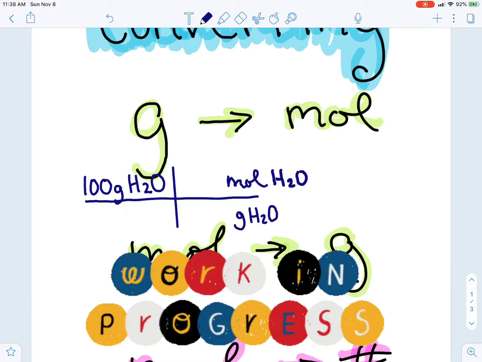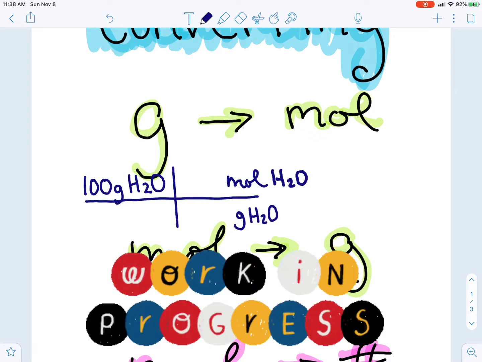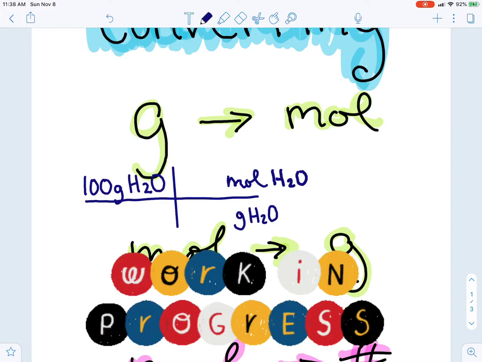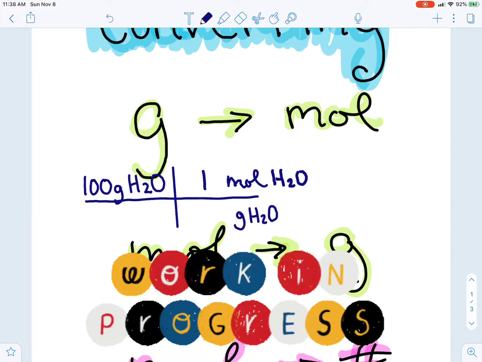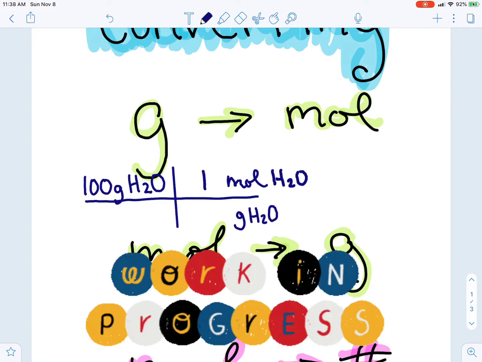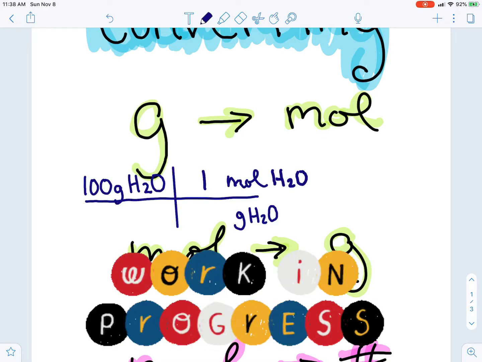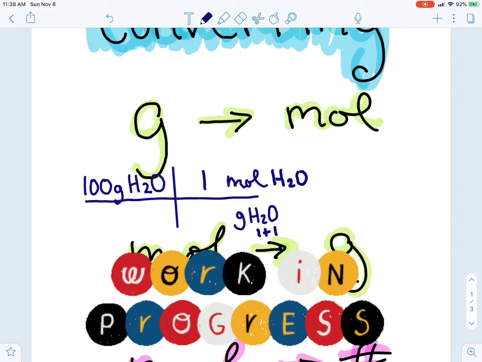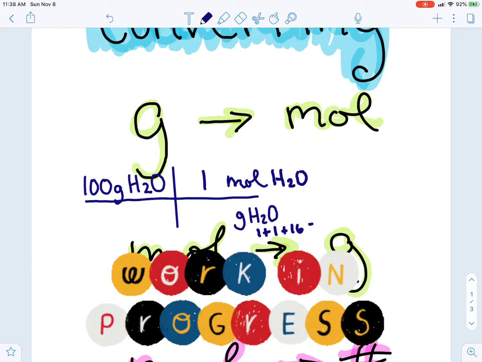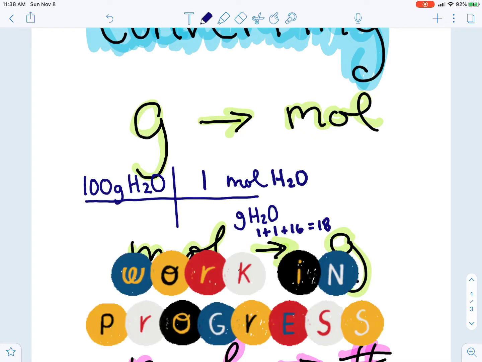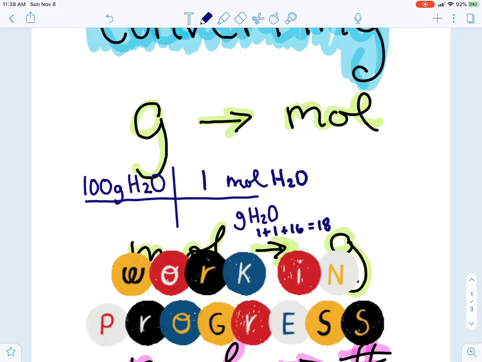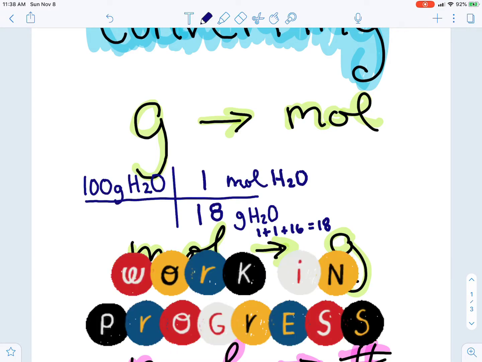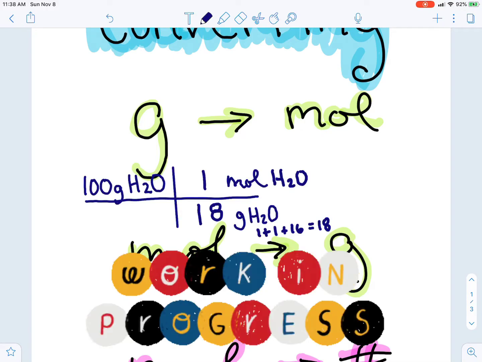You take the mole, you find the mass, change that label to grams, and that equals 1 mole. So in other words, 1 mole is equivalent to water's mass. So remember, it's 1 plus 1 plus 16. That equals 18. I know you guys know how to do this, so I'm just putting it up there just for fun. So now we have 18 grams per 1 mole.